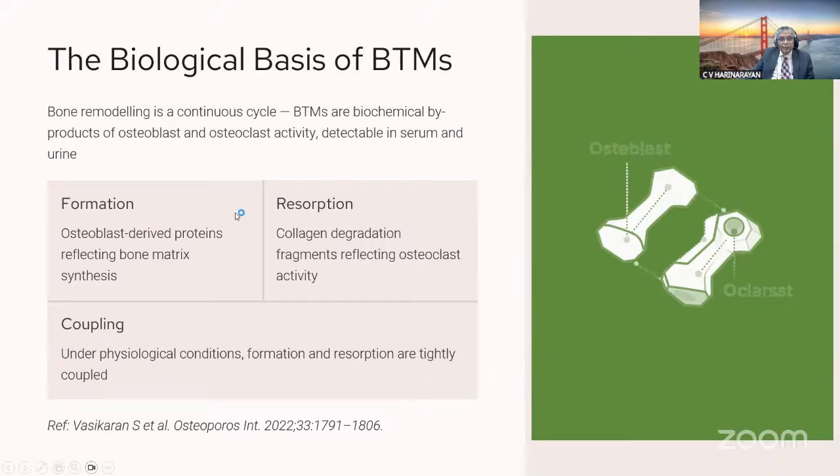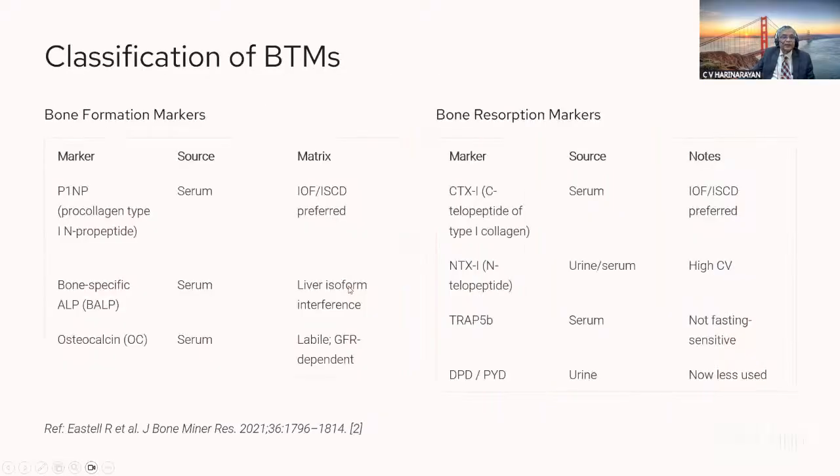So bone turnover, bone modeling, is a continuous cycle. The markers are biochemical products of the osteoblasts, that is for formation, and of the osteoclasts, that is for resorption. Now the serum markers for formation are P1NP, the procollagen type 1 N-terminal propeptide, bone specific alkaline phosphatase, and osteocalcin. They are forming the matrix.